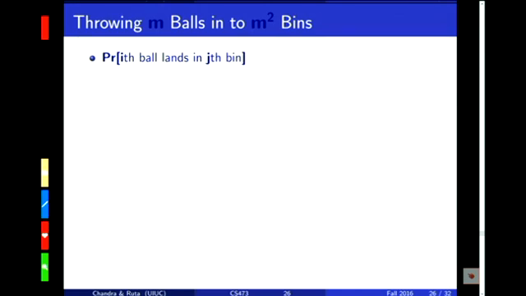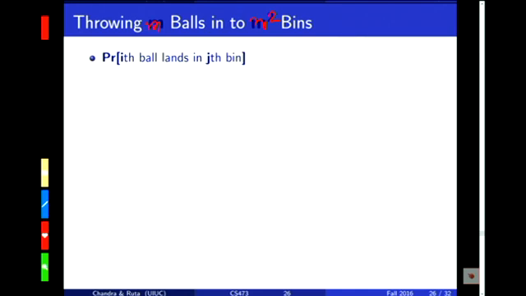So now we are throwing m balls into m square bins. I want to repeat the kind of analysis we did in the last class for m balls into m bins. What is the probability that the ith ball lands into the jth bin? 1 over m square, right?